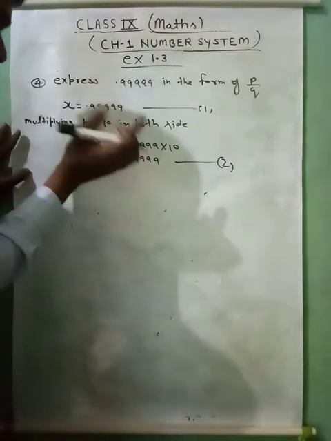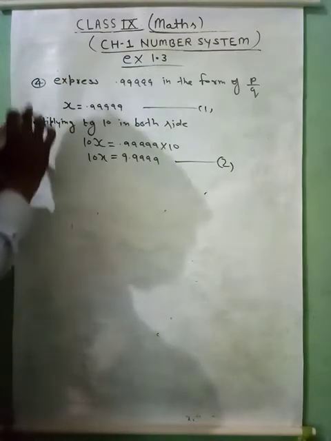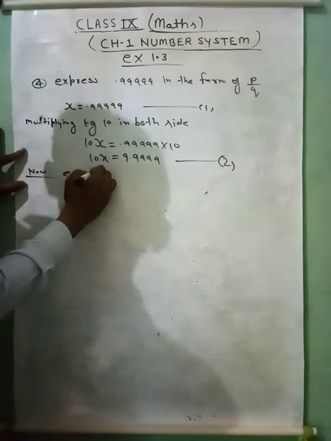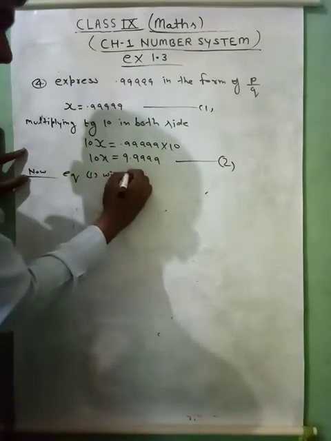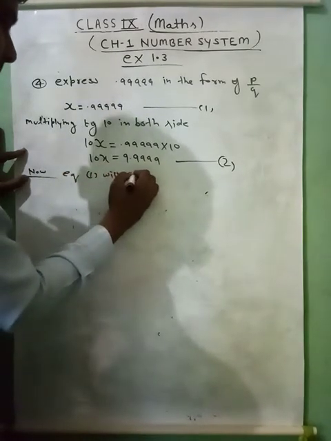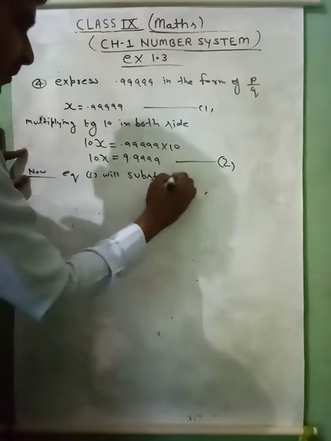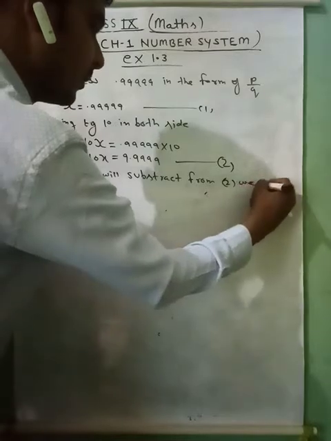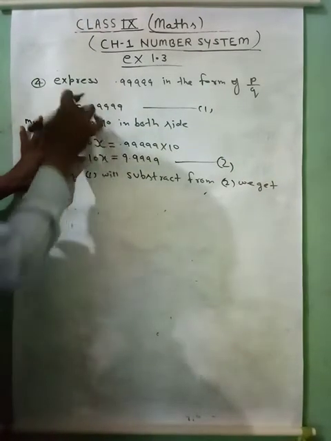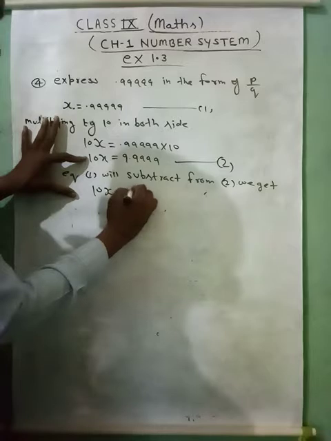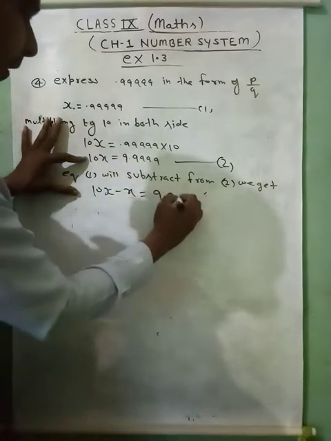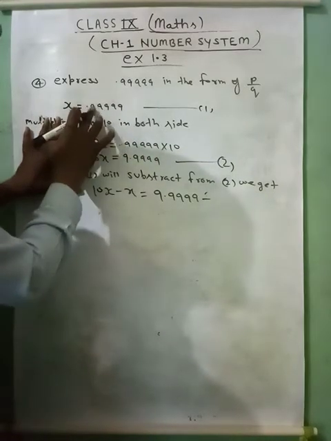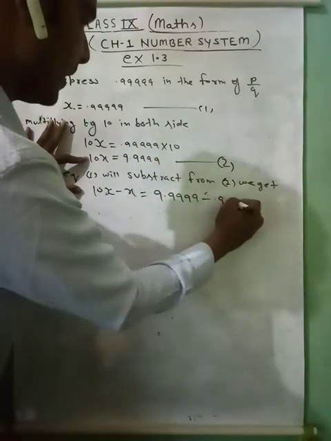After doing this, always remember equation first will be subtracted from equation second. Now equation first subtracted from second, we get 10x minus x is equal to 9.9999 minus 0.99999.